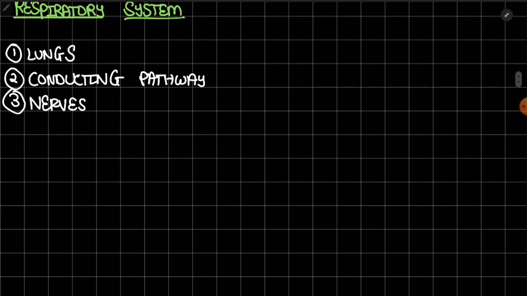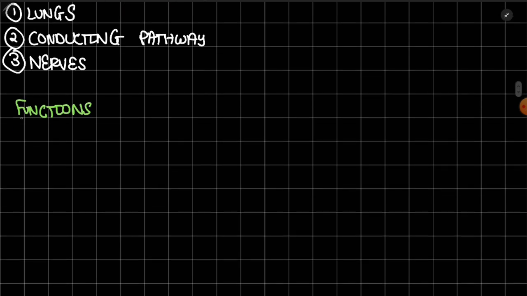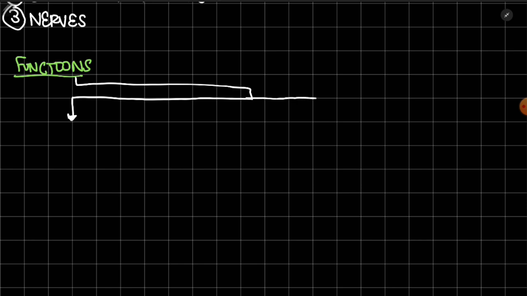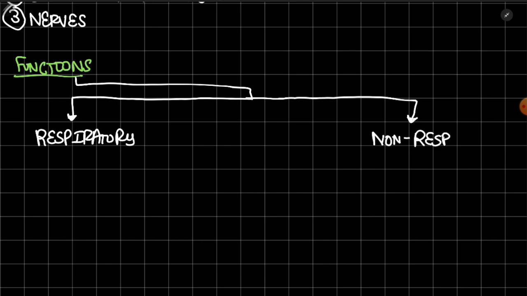So, what are the functions of the respiratory system? Apart from respiration, there are other functions too. I have made a flow chart which consists of two divisions at the first: respiratory functions, which we will deal with earlier, and the non-respiratory functions.